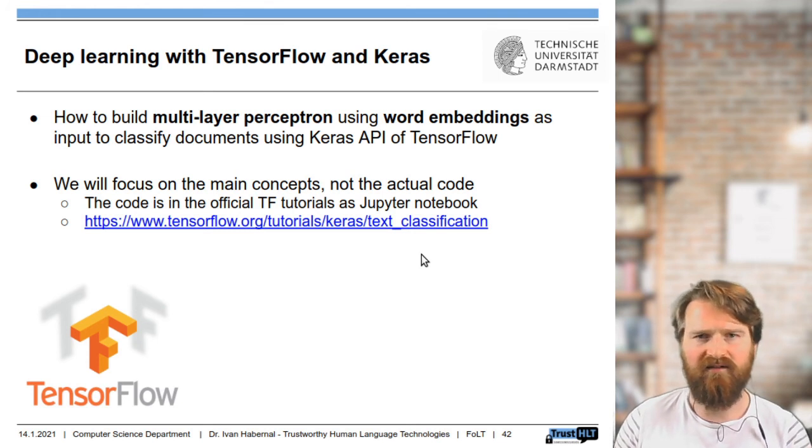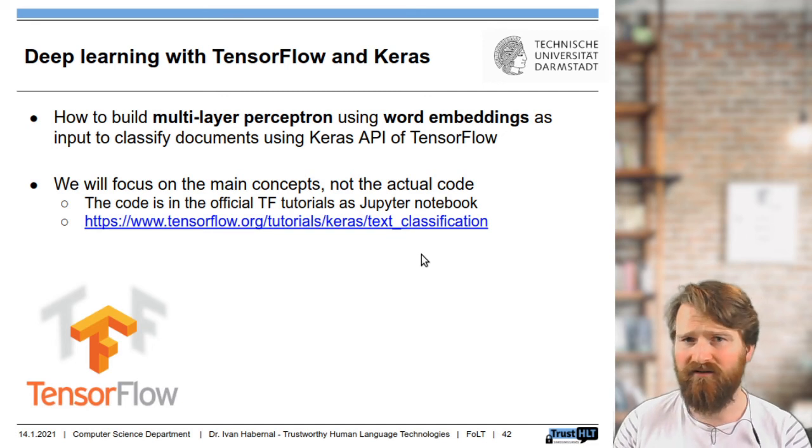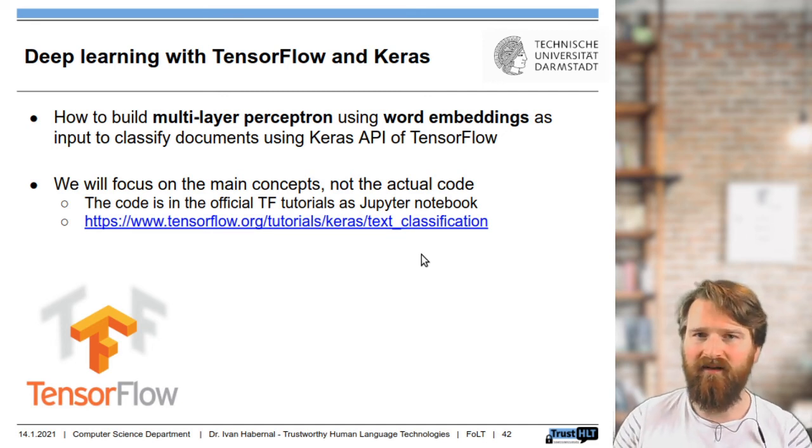Keras is now part of TensorFlow since a couple of years. We'll be focusing here on the main concepts, not the actual code, because you need to understand how it works and why it works a little bit. How to actually implement it is a matter of finding the tools and finding documentation.